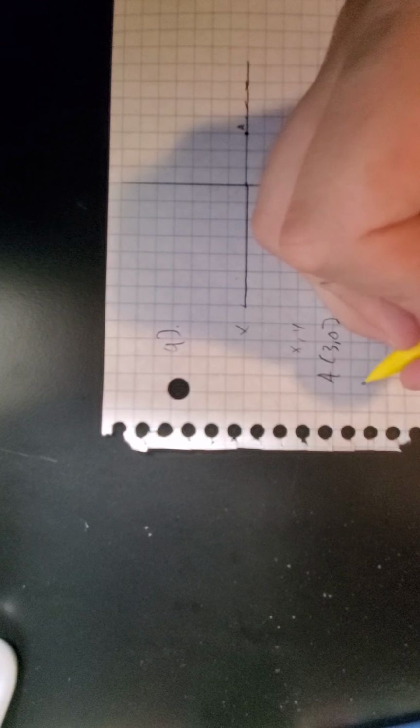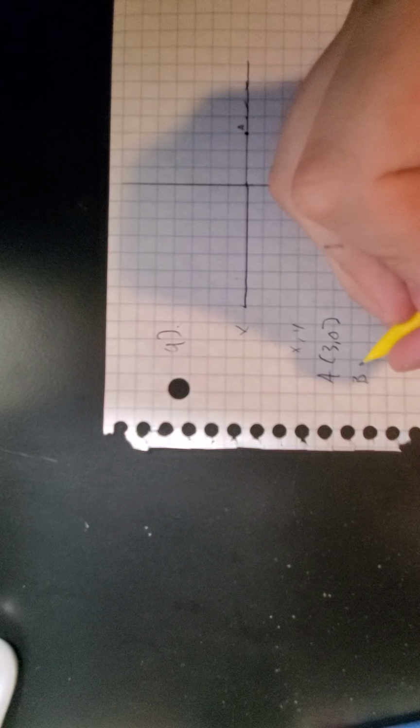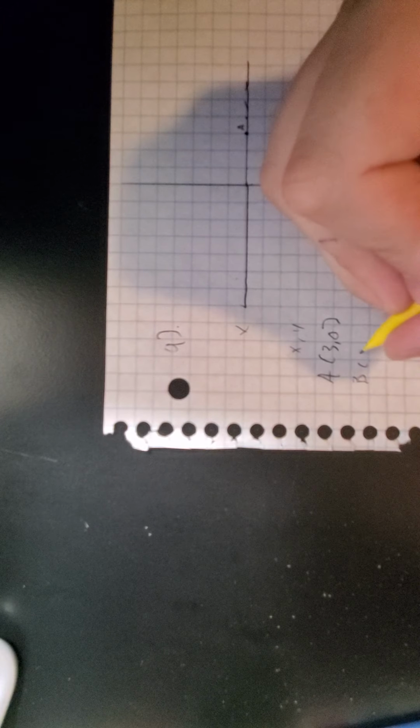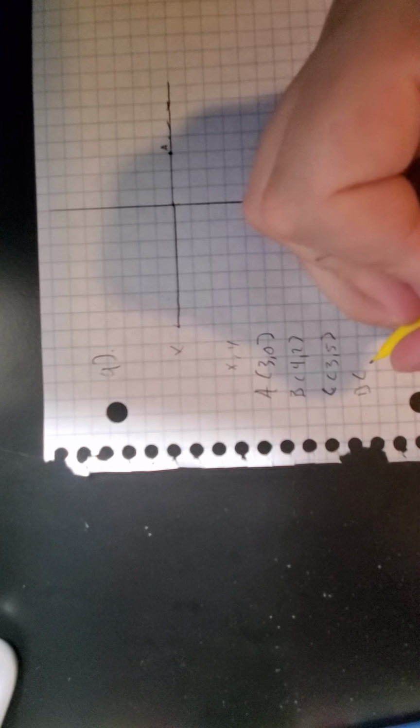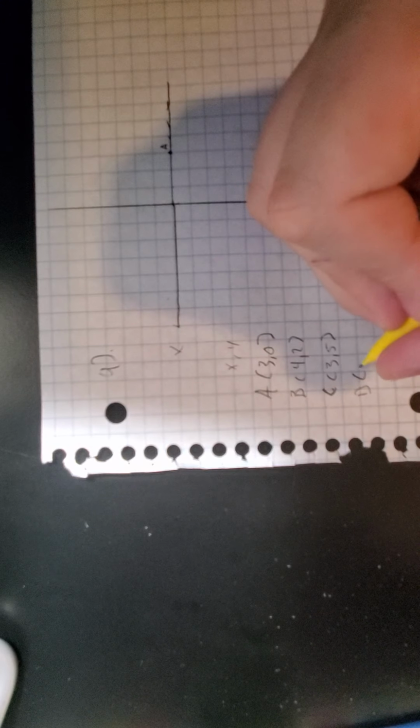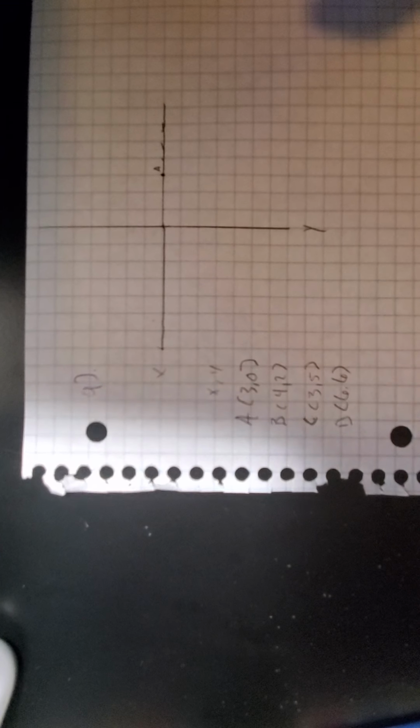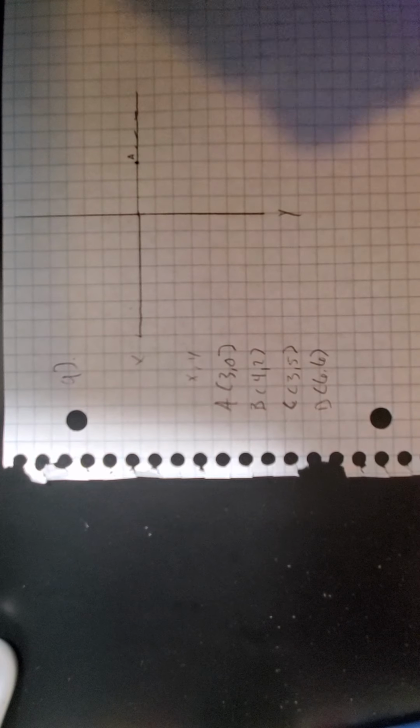Now, just to speed things up here, I'm going to go ahead and continue to write the rest of the points here. So for letter B, the problem asks for us to graph 4 and 2. C, which is a horrible C, is going to be 3 and 5. D is going to be 6 and 6. Am I giving myself enough room? Yes, I should have enough room.